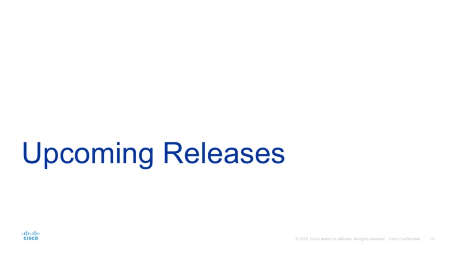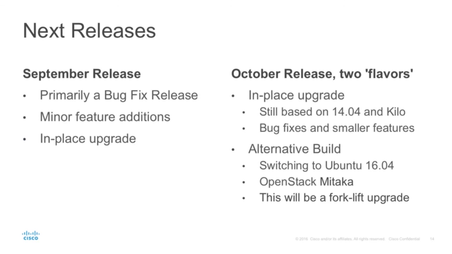Releases. So we put out a release in July 2016. We plan to have a release coming out in September in the next few weeks. That largely is going to be a bug fix release. I don't think that there's anything you'd really see as a big feature update.